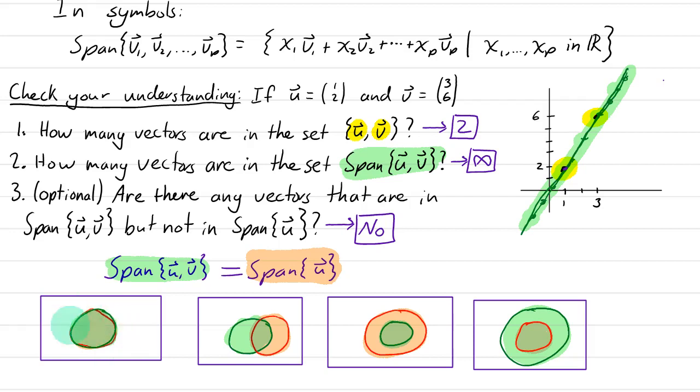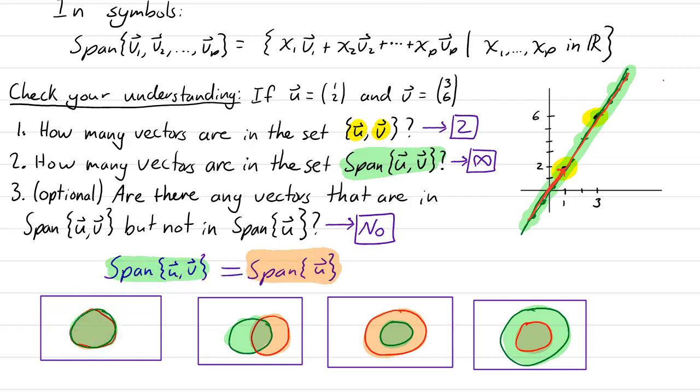What we're talking about is a situation like this, where if we draw the span of u, which is all linear combinations of that vector, it would just be this line. We're saying that that set of points is the same set of points as the span of u and v, meaning that anything in the span of u is also in the span of u and v, and likewise anything in the span of u and v is also in the span of u.